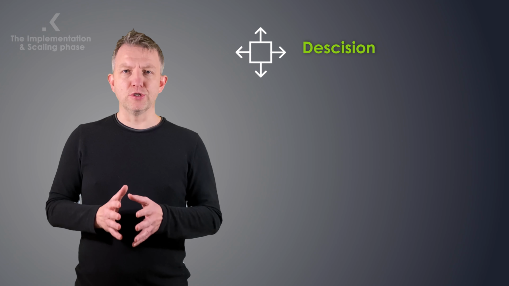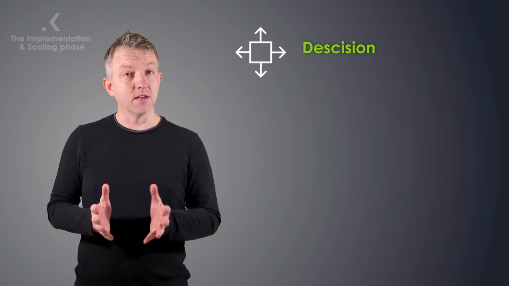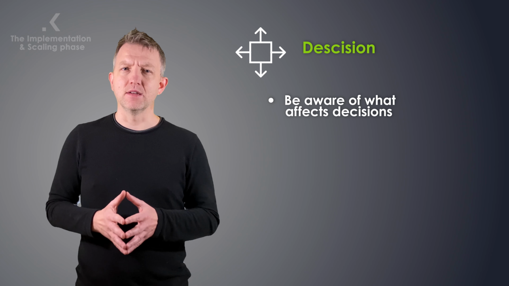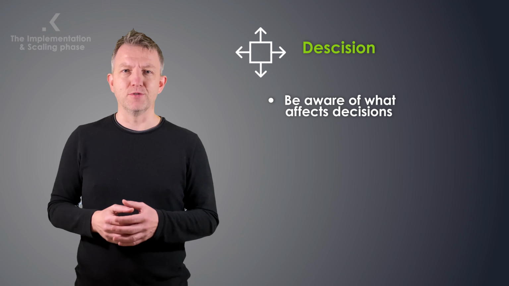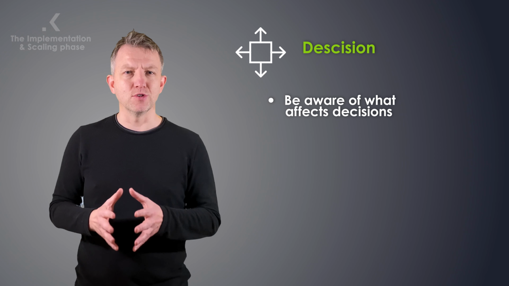Even though your users have concluded that your solution is desirable, it doesn't necessarily mean that they will end up actually using it. The reason for this can be an active decision based on not having enough resources or not being willing to accept the uncertainties or risks that come with your new solution.